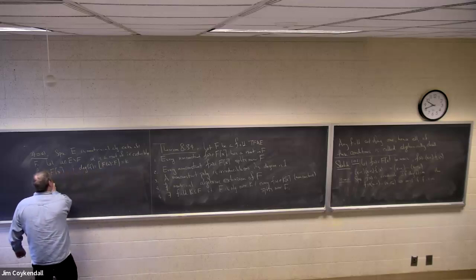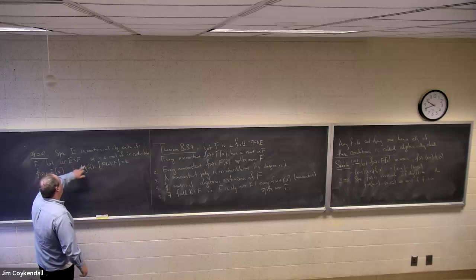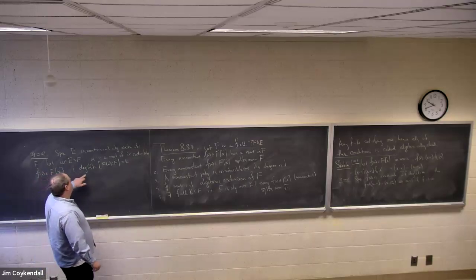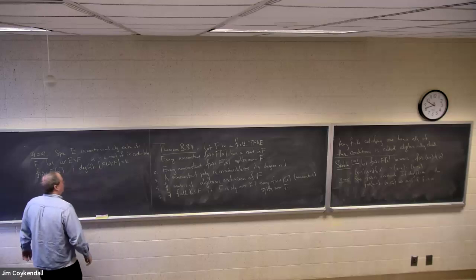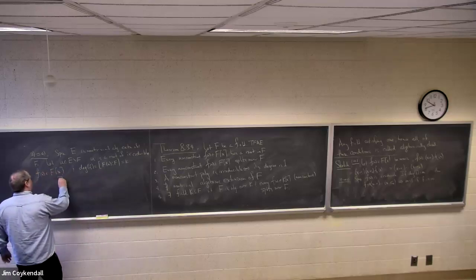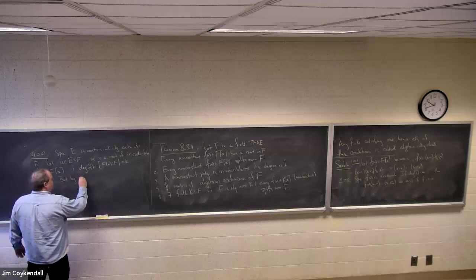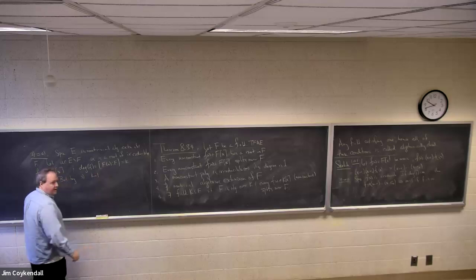Let me fix this. Let u be a root of the irreducible f of x. The degree of f is F(u) over F, which is k. But by 3, k equals 1.